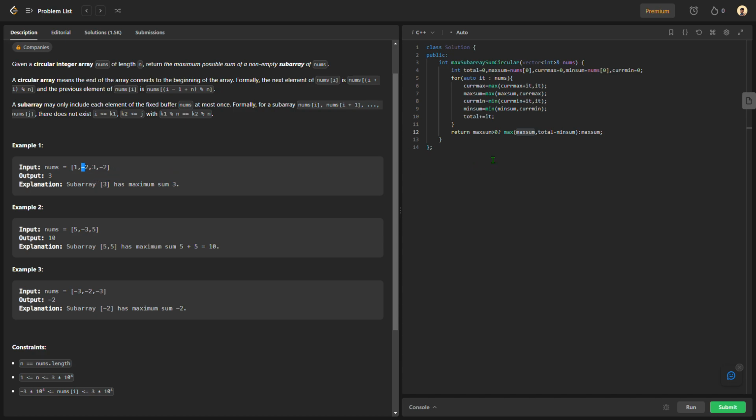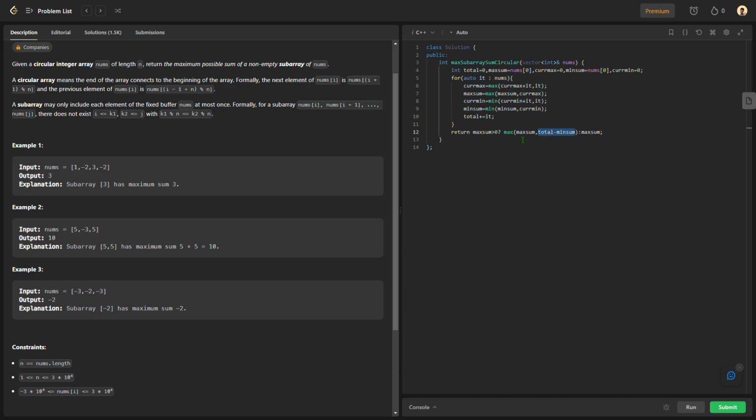So if in my linear search I found 3 as my maximum, and after subtracting the linear min sum from the total, the result is greater, then that means my maximum would have occurred in a circular way.